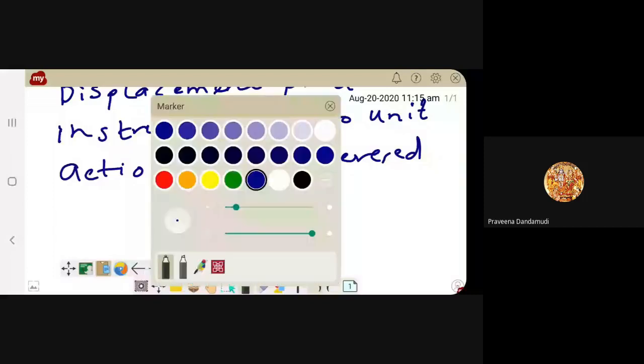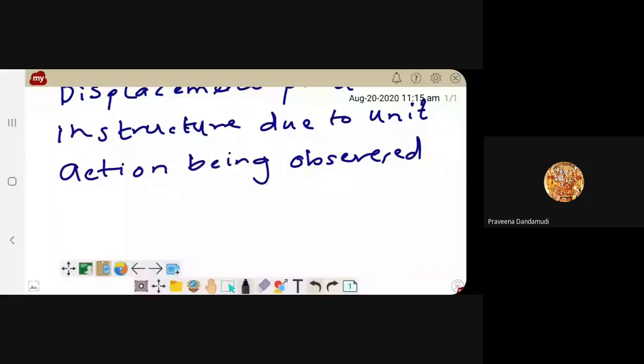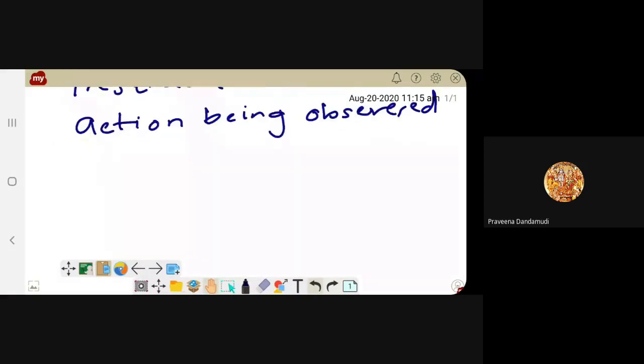Okay, I'm just taking the example of a simply supported beam. Okay, this is the simply supported beam, which has a point load at the center, and the load is P equal to 1. Okay, this is the unit force I'm applying on the simply supported beam.